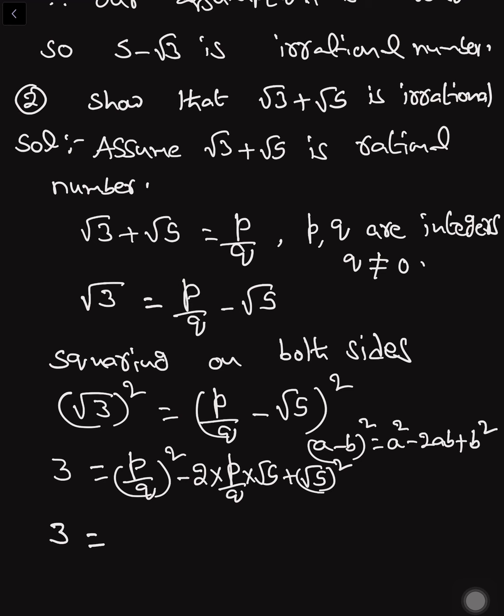This 3 is equal to this: square for numerator and denominator. So p square by q square minus 2 root 5 p by q plus 5, since the root and square cancel together.